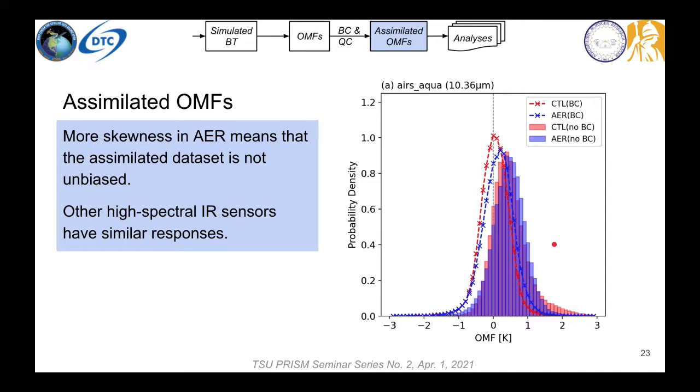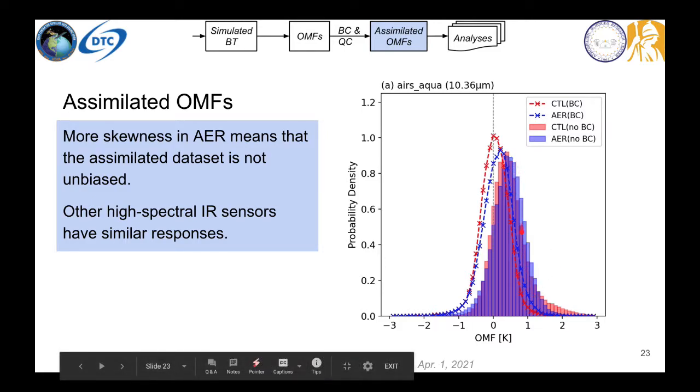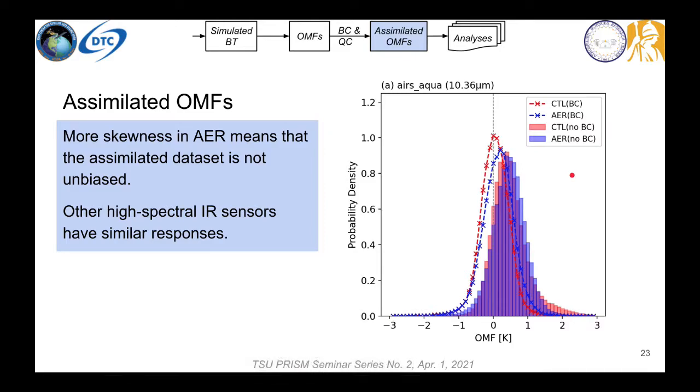So here I provide the change of the quality control results in the aerosol run with respect to the control run. The table is based on the control run's QC results, and I will show the change in the aerosol run.